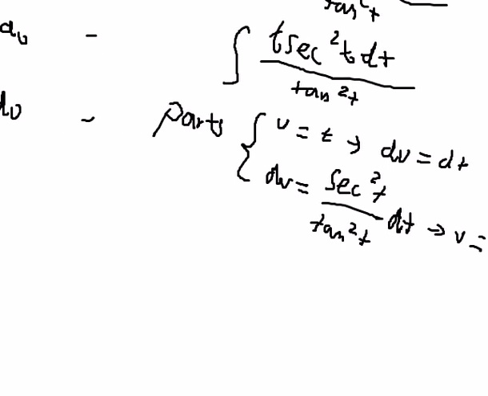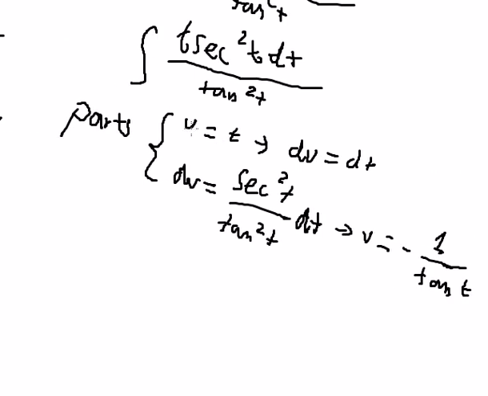So we get u multiplied with v. Because we had a negative, you get the positive. And we have dt over tan t.